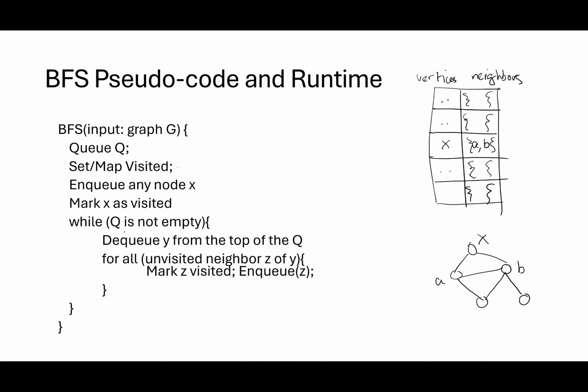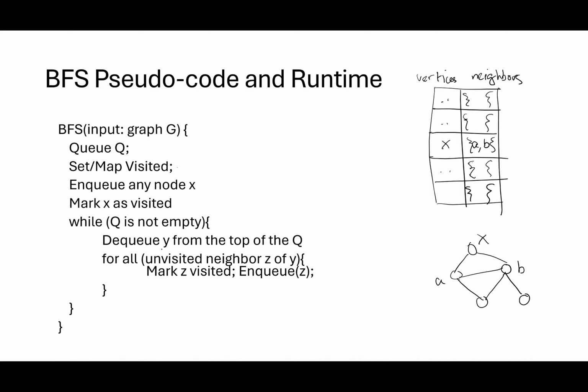Then, until the queue is empty, I dequeue from the top of the queue, say Y. And for all unvisited neighbors of Y, which we call Z, we mark Z visited and also enqueue Z. Okay, so here is the important thing.